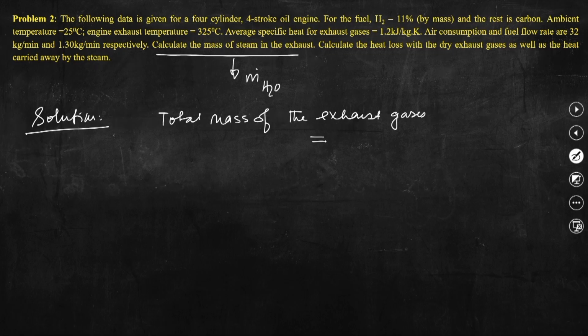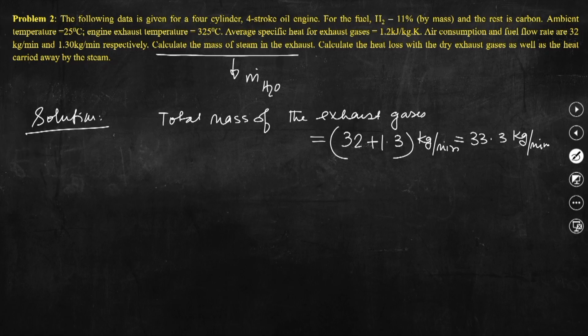It is given as 32 kg per minute and 1.3 kg per minute respectively. The exhaust gas will essentially be the combination of air plus fuel. So, it is 32 plus 1.3, in kg per minute, and this is 33.3 kg per minute.